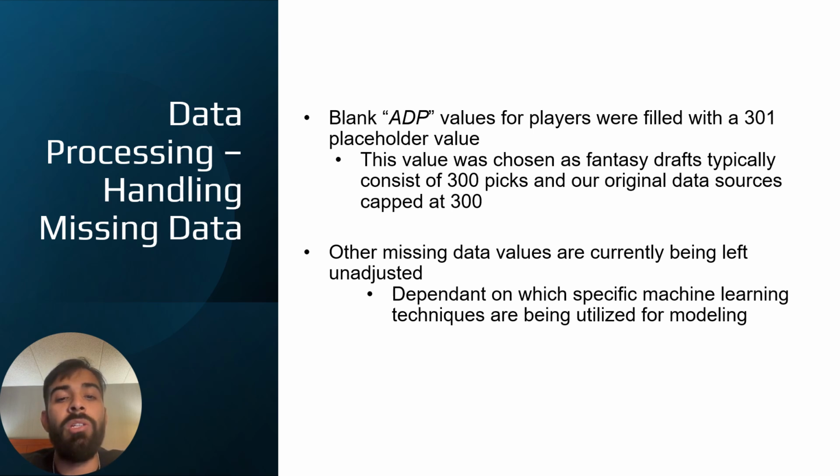And then other missing data values are currently being left unadjusted due to the way different models handle or prefer true nulls versus intentional zero values. In the future, we tend to treat this on a case-by-case basis depending on which specific machine learning model we're going to use.